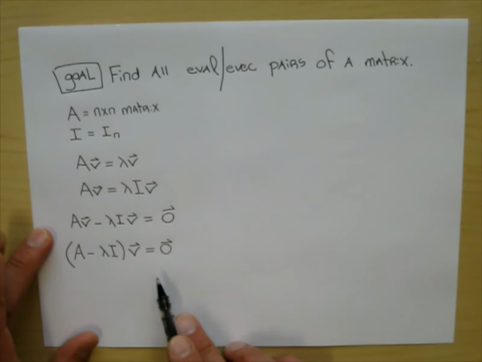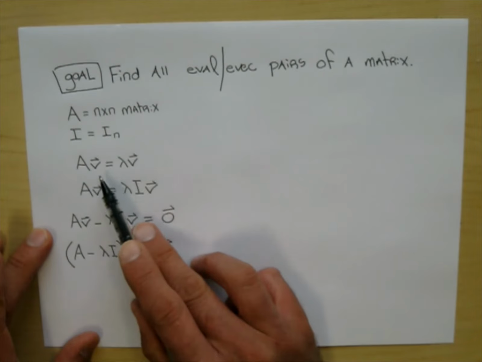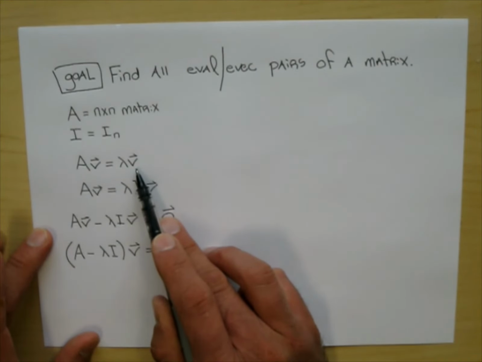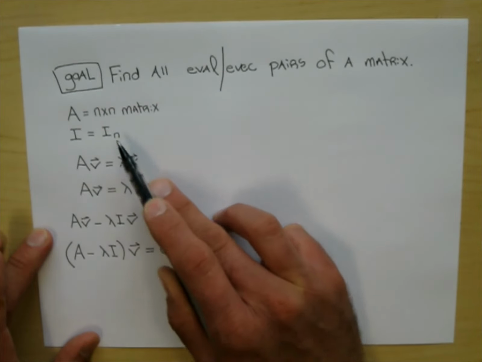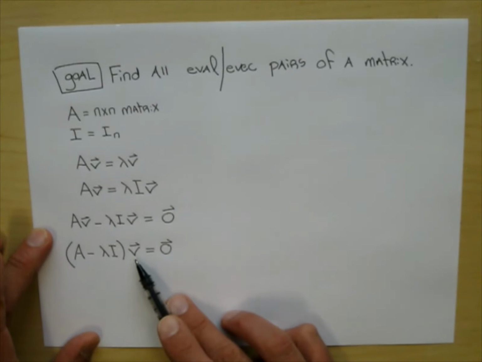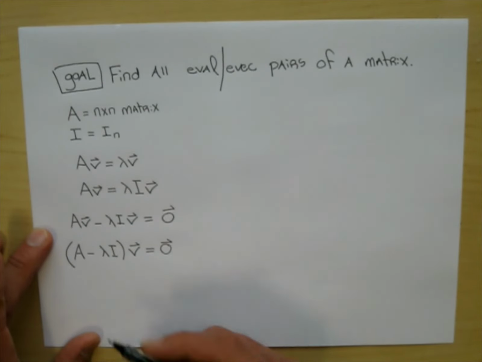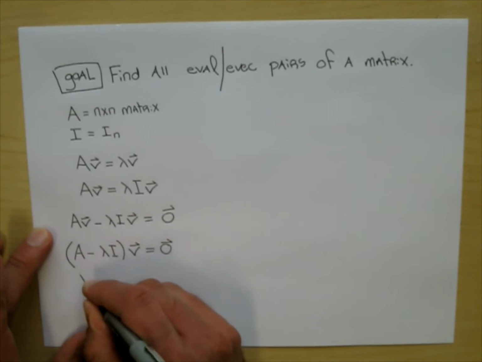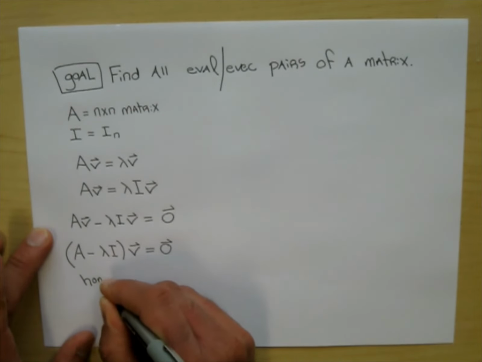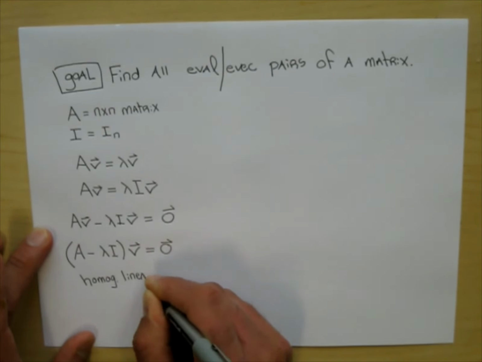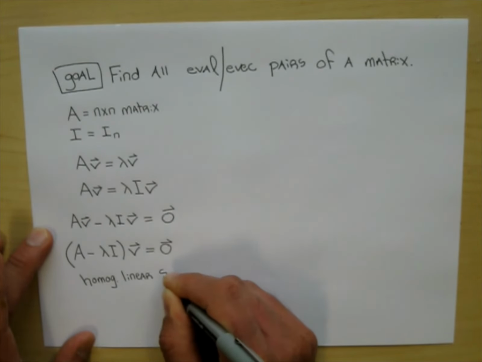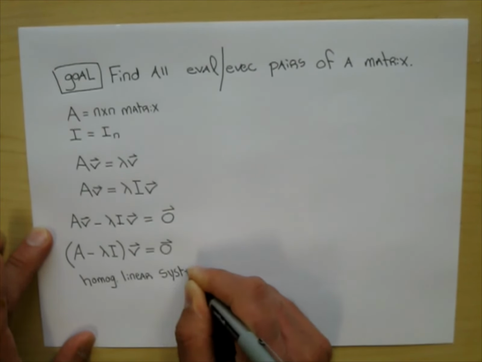Now what I have here is a system. Because isn't it true that I'm trying to figure out what the eigenvectors are. I'm trying to figure out what V is. And maybe if this is 3 by 3, then this vector V, I don't know what it is, so this is like x, y, z. So this happens to be a homogeneous linear system.